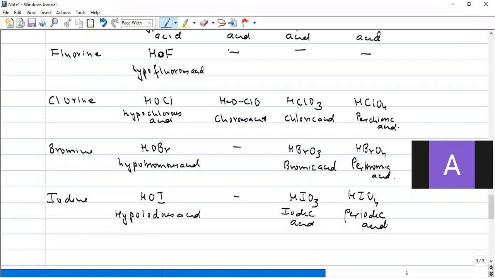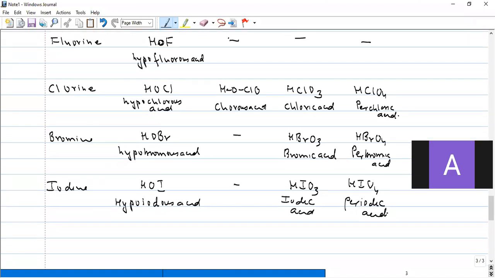If you write the structure of each of them, you'll see there is one OH group. One OH group means it will dissociate to give one H ion. So all are monobasic acids. Except in the oxyacids of fluorine, for all the others, Cl, Br and I, the oxidation state will be positive.